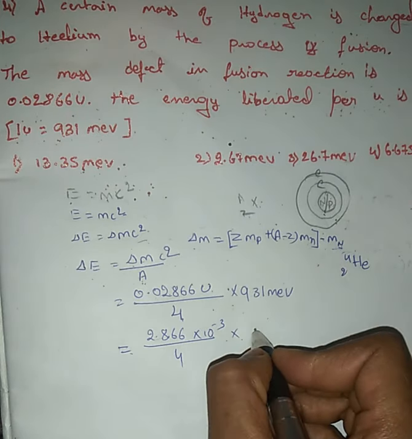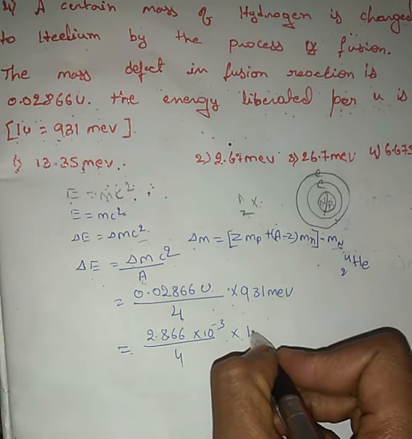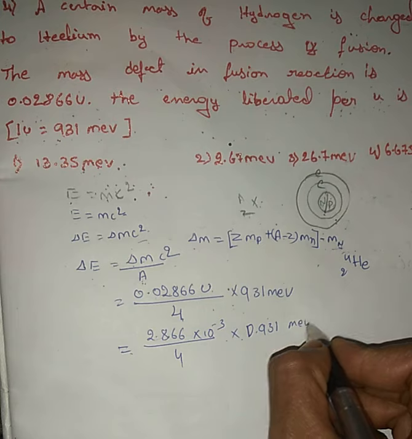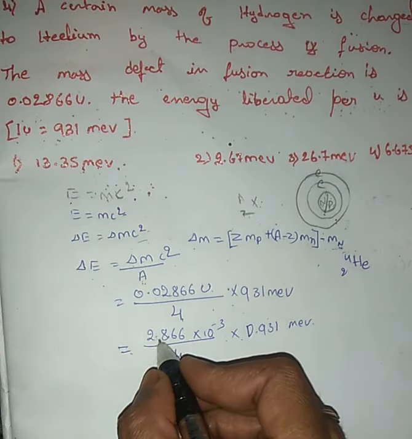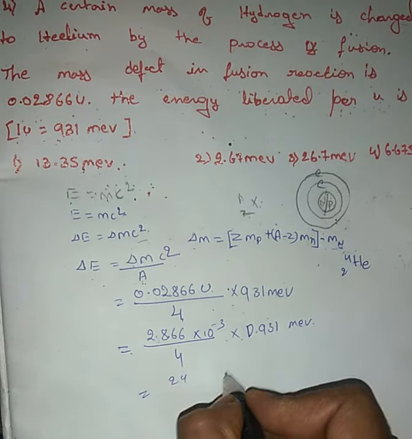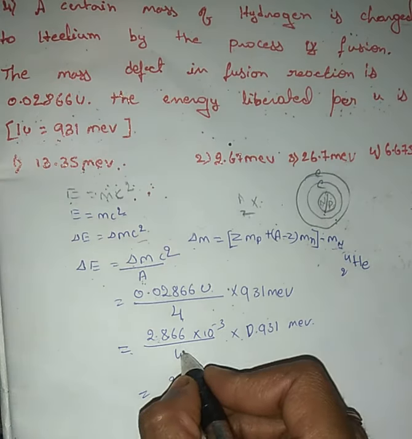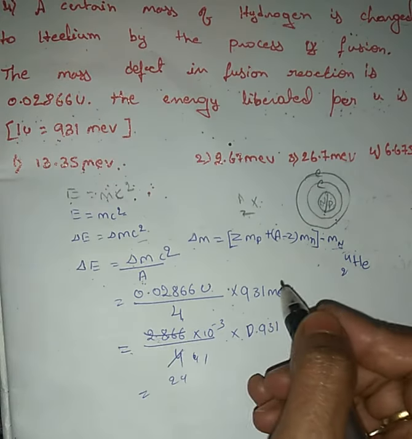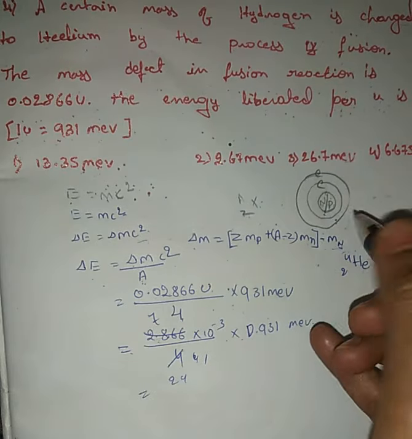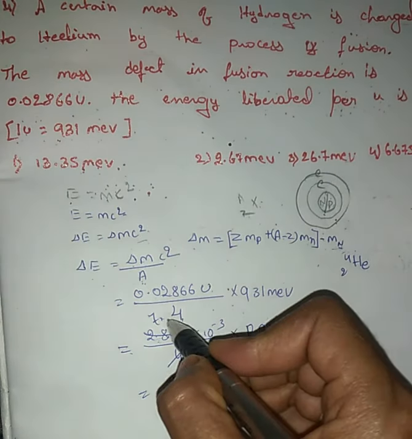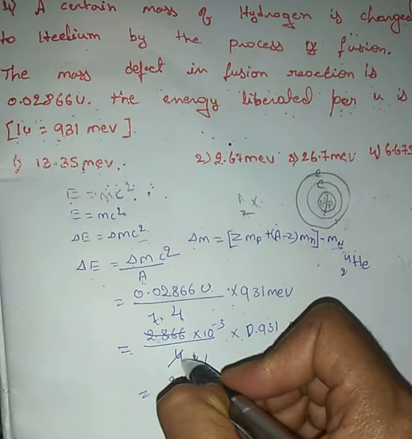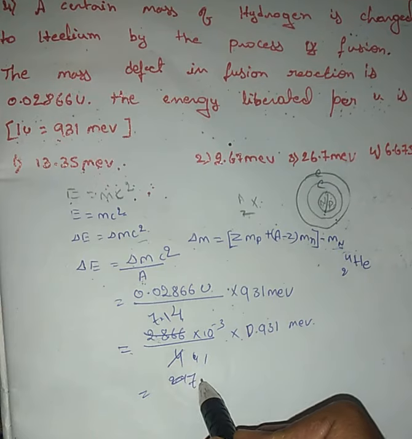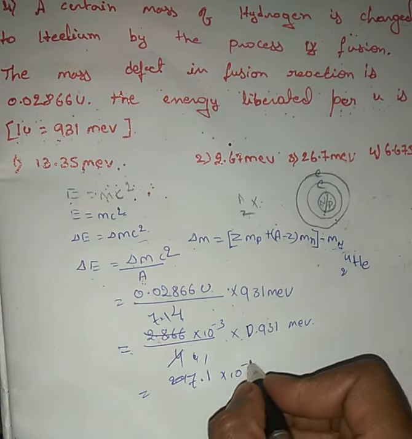Taking 931 as 0.931 times 10 cubed, in MeV. On rounding, 28 divided by 4 gives 7, so we get about 7.1 into 10 to the power of minus 3.